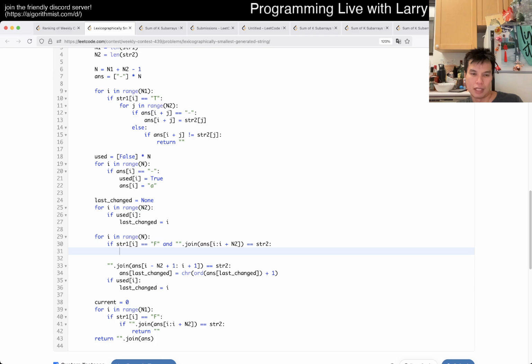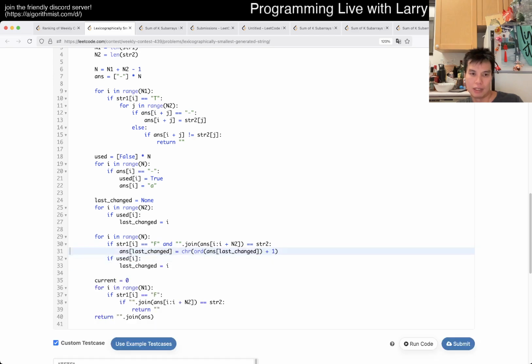And then, yeah, then here we just increment the last change, that's fine. And then now if this is true, then right? And of course it has to be, right?